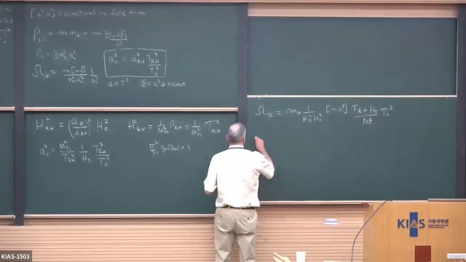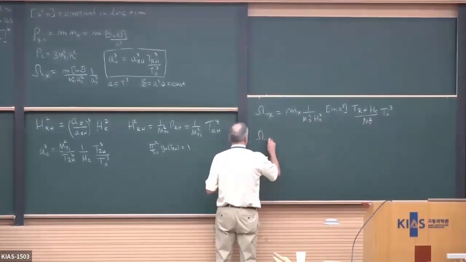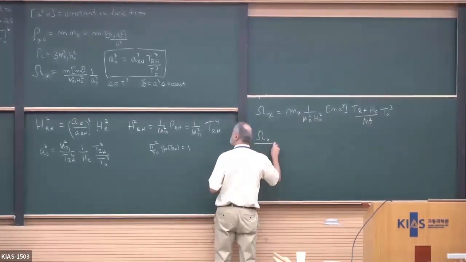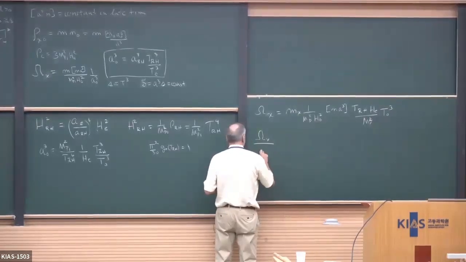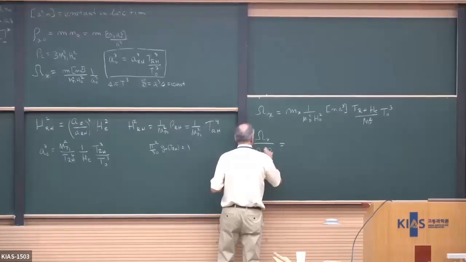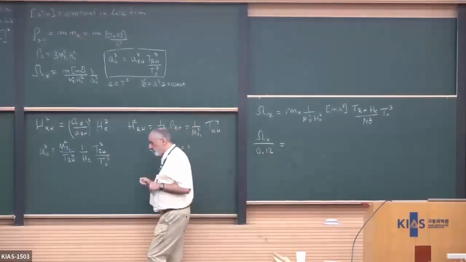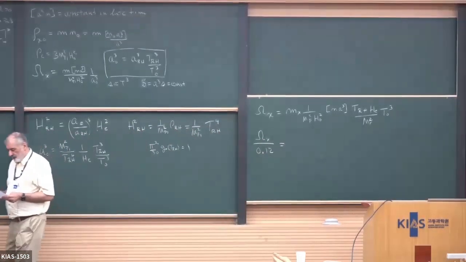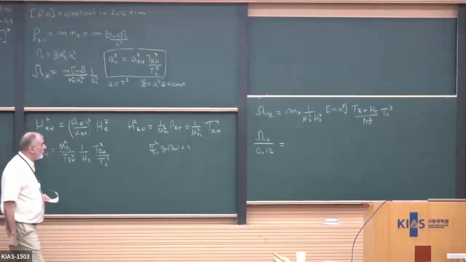Now, if it is dark matter, the observed contribution of the dark matter density is omega chi approximately equal to 0.12.